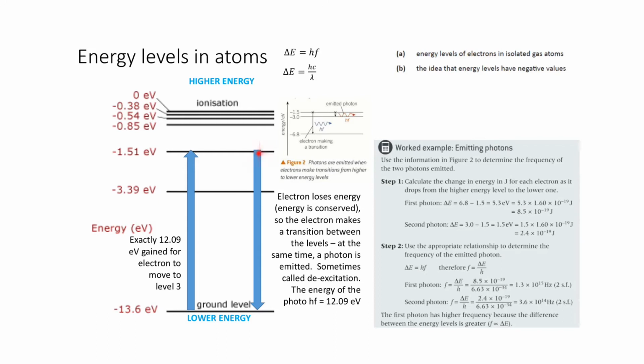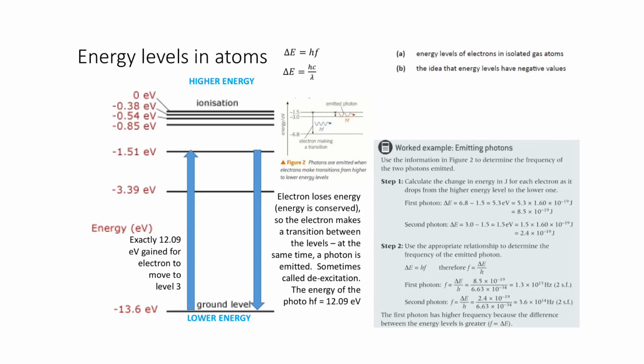When an electron goes back down and loses the energy it's been given, a photon is made. A photon is emitted. So the electron gets excited, and as it becomes de-excited, a photon is emitted. And because of the conservation of energy, the photon emitted is 12.09 electron volts, the one that we started with.